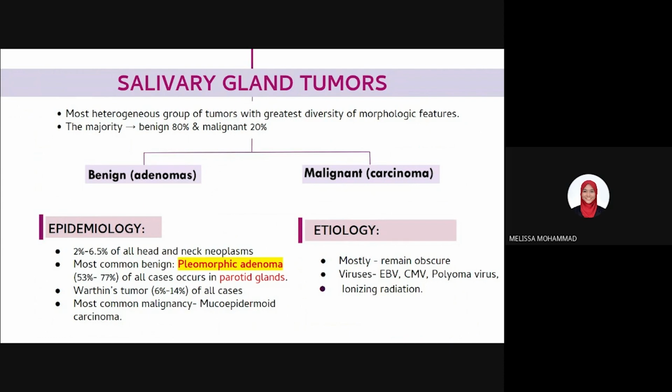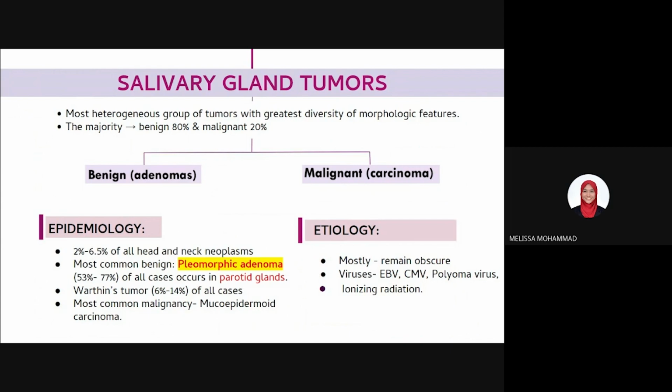Most common is benign, which is the pleomorphic adenoma. It is 53 to 77% of all cases, and occurs in the parotid gland. Warthin tumors are 6 to 14% out of all cases, and the most common malignancy is the mucoepidermoid carcinoma.